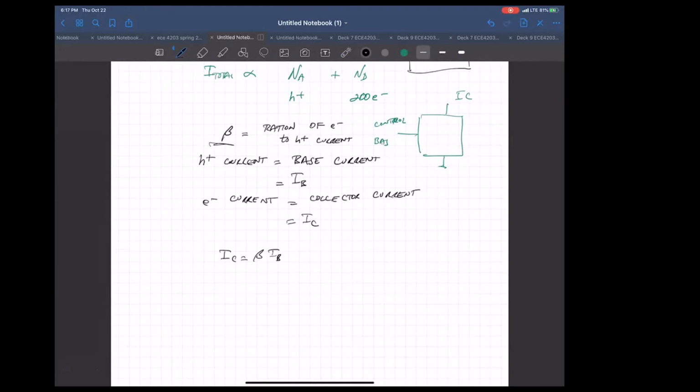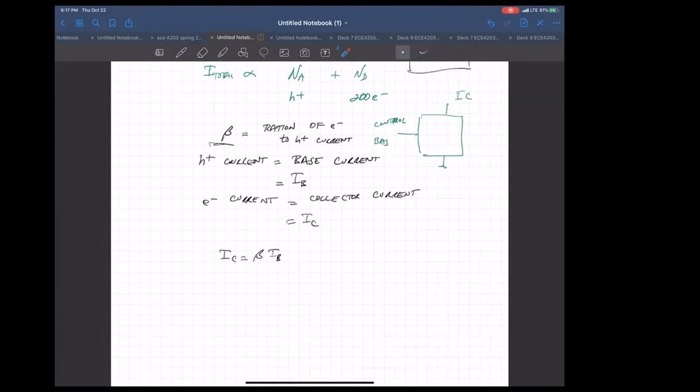One way to look at this is that the collector current is an amplified version of the base current. So you can think of this as a current amplifier from the base to the collector.